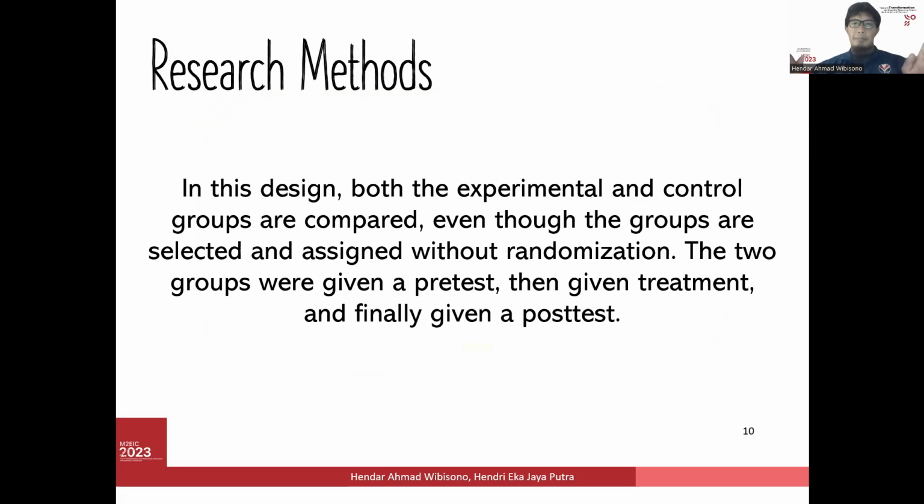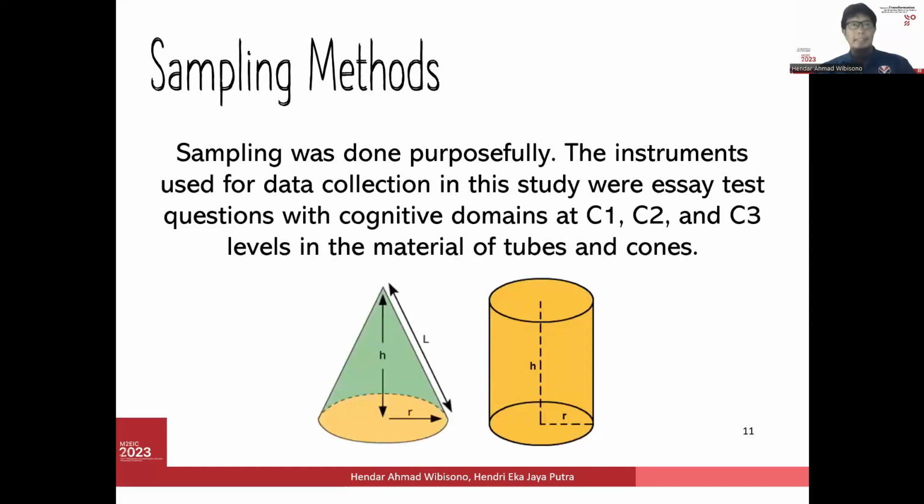First we give a pretest and then a treatment in math, but next I'll explain what lesson I taught to them. Then given treatment and finally given a post-test, and then sampling was done purposively.